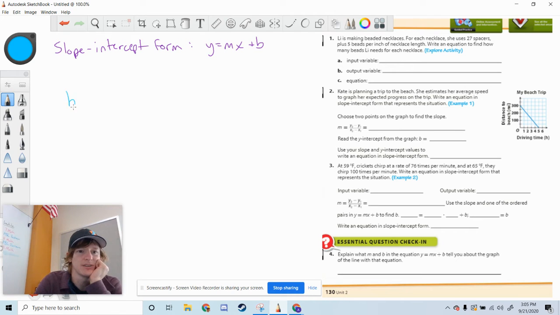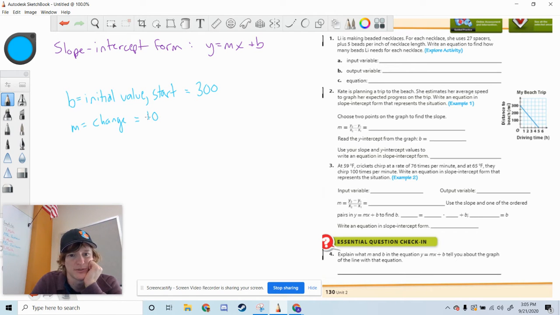So my b would be my initial value, or what I start with, and my slope is the change. So I started with $300 and my change was $10 per day. So in this case, I would have y equals 10x plus 300.